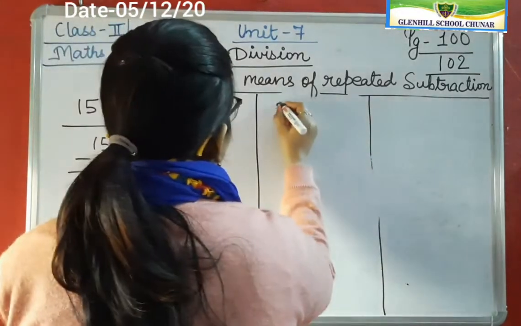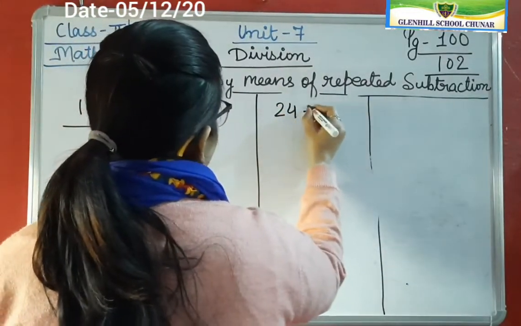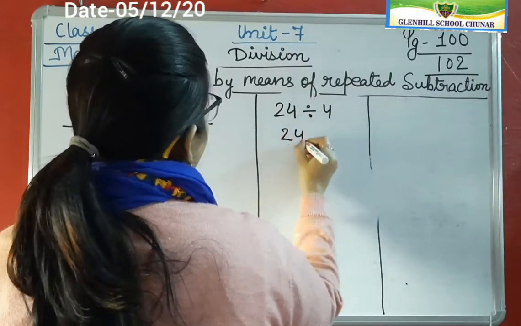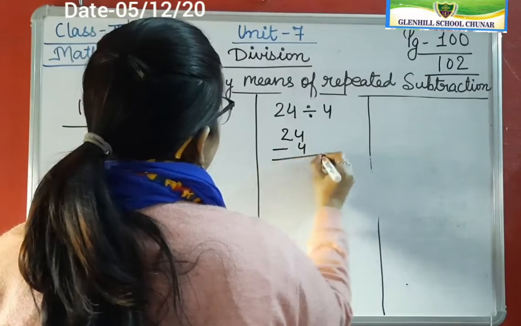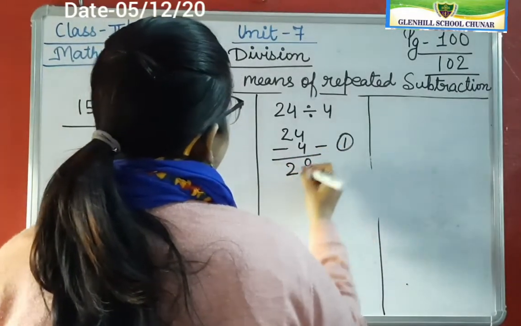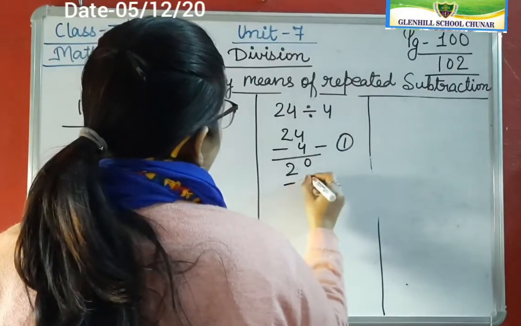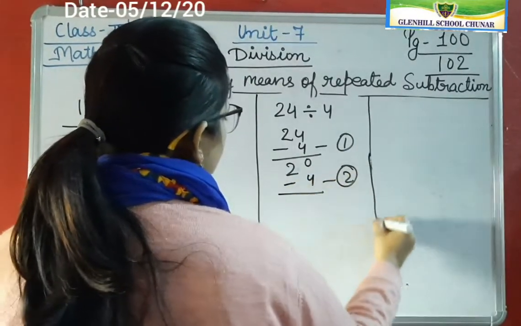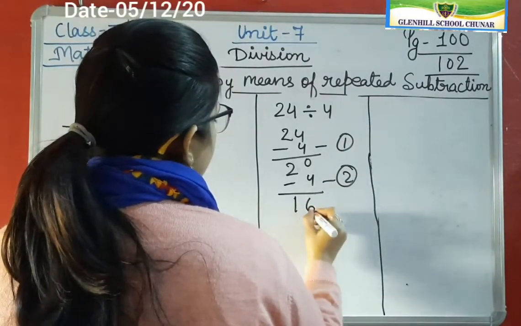Now 24 divided by 4. 24 minus 4, 20, 1 time. Again minus 4, 2 times, 16.